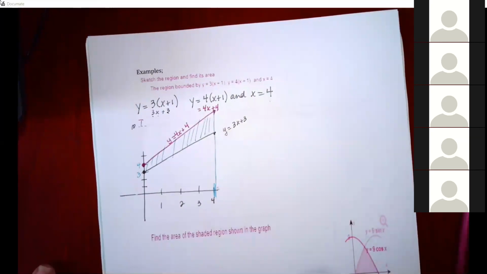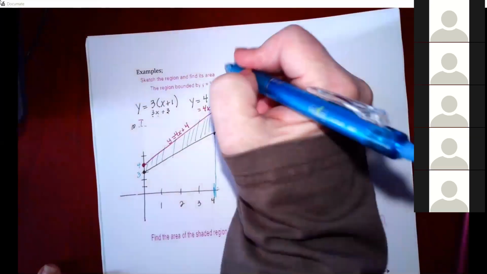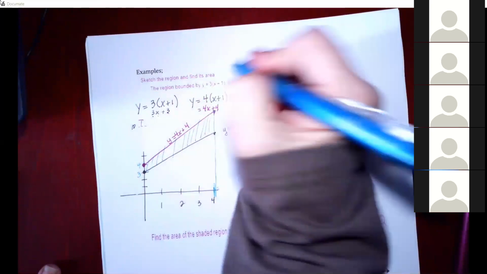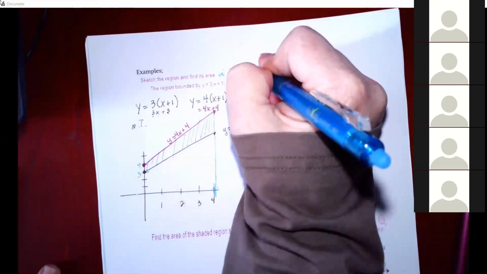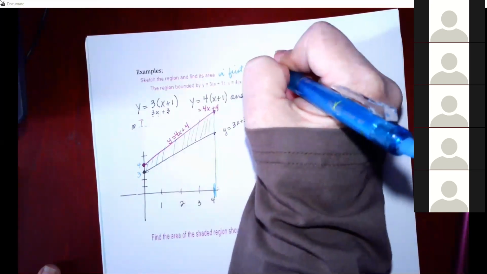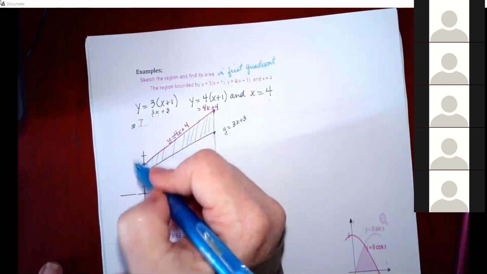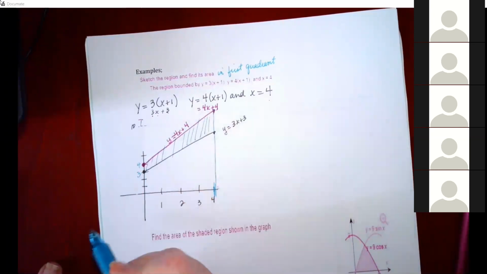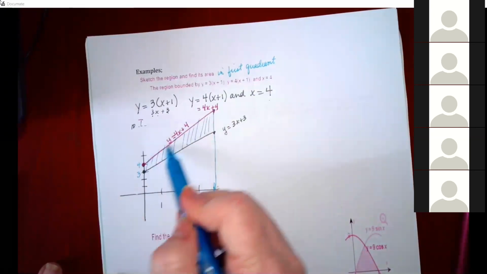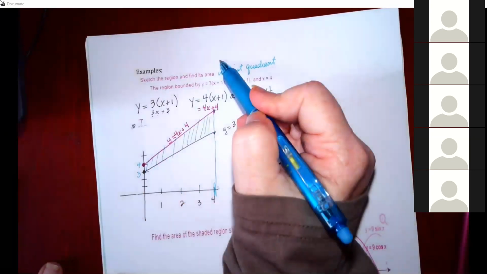Now, what I'm doing, just because it's going to be a little bit quicker on this one, is I want the area in the first quadrant. My apologies, guys, because I just don't have enough room to put it all up there, but let's just go with that's 3 and that's 4. No wonder y'all were confused. And so our graph, if it had good units, would be way up here.